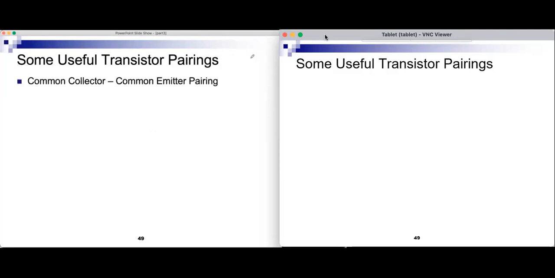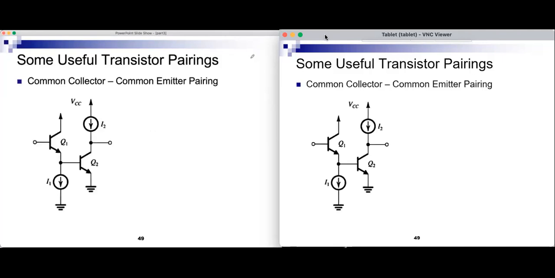All right, so let's see some other combinations. Like if we have a common collector, common emitter pair, common collector first and common emitter second. What do we get? What do we gain? Well, let's make sure that they are common collector, common emitter. This is the first stage and this is the second stage.